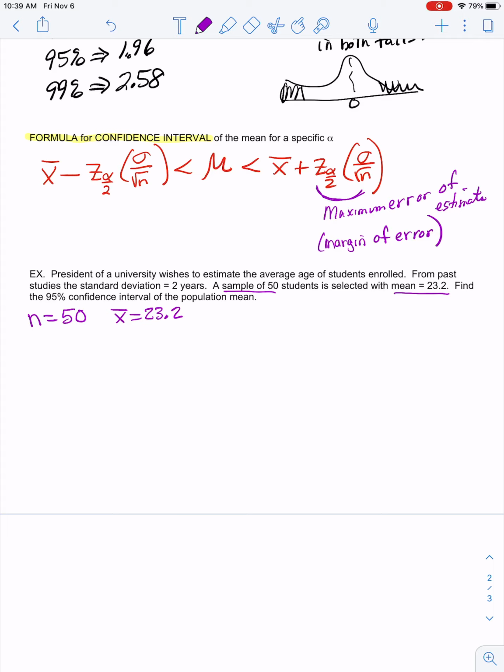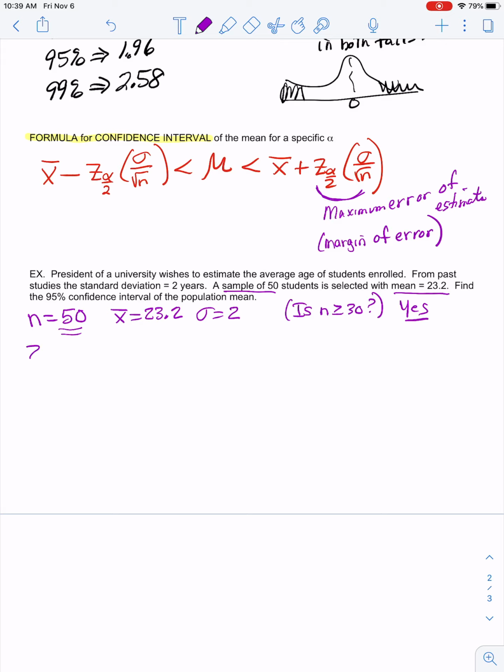From past studies, the standard deviation is 2 years. There it is. So do we know the standard deviation? Yes. Do we have sample size, is n greater than or equal to 30? You will say yes to that, because our n is actually 50.